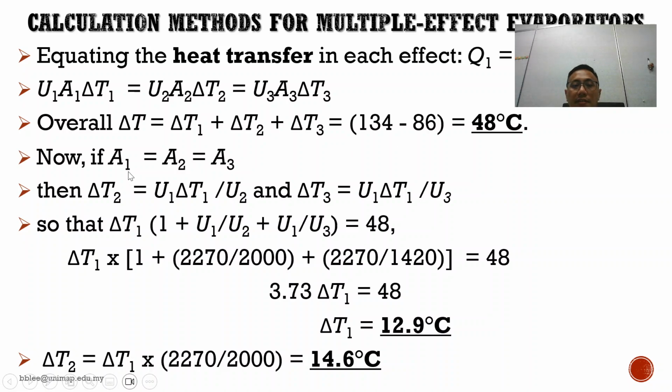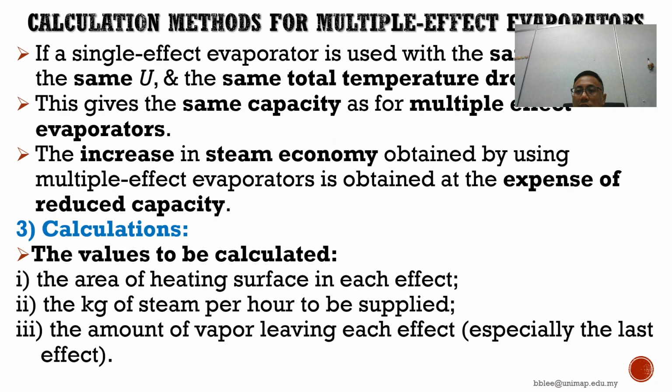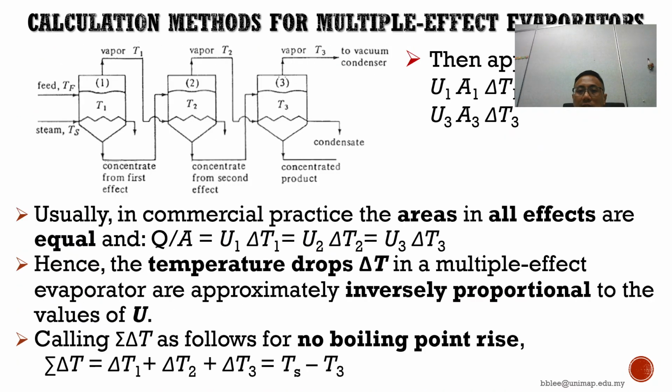If all the surface areas are the same, then delta T2 equals U1 delta T1 over U2, and delta T3 equals U1 delta T1 over U3. This is based on this correlation, between delta T2 and delta T1, and delta T3 and delta T1.